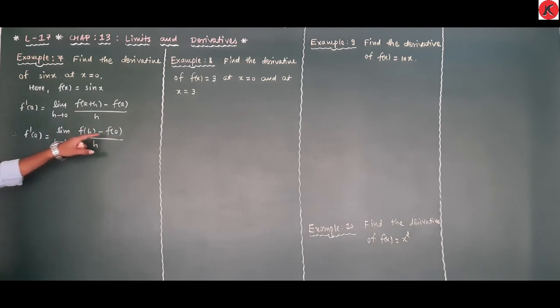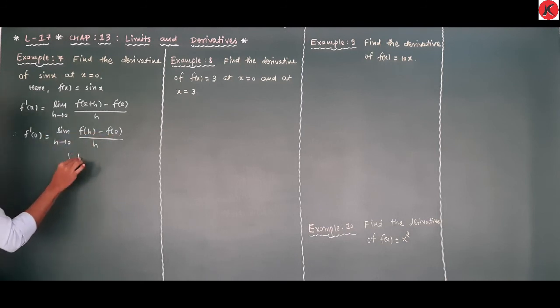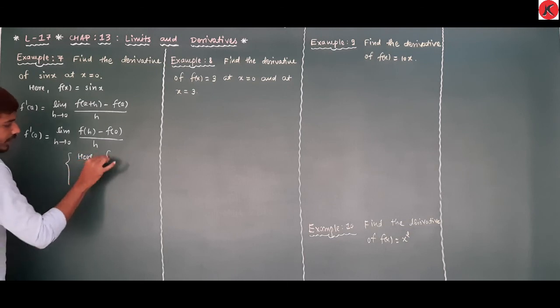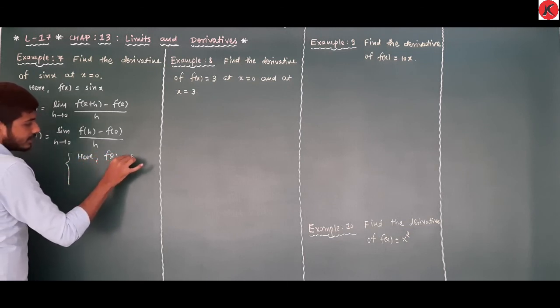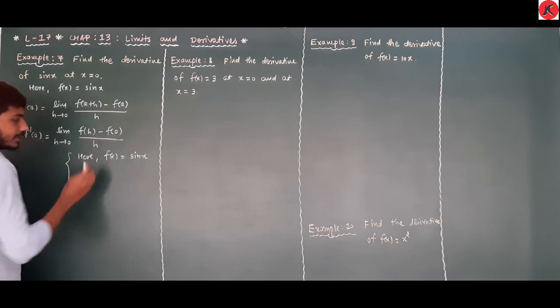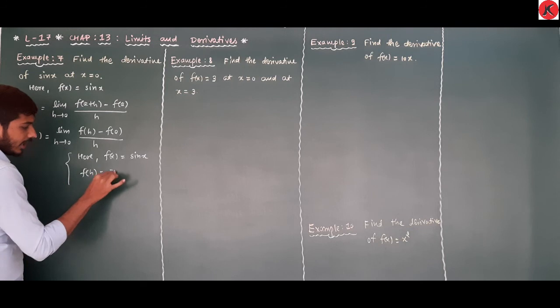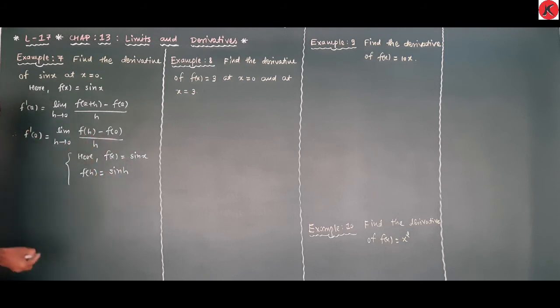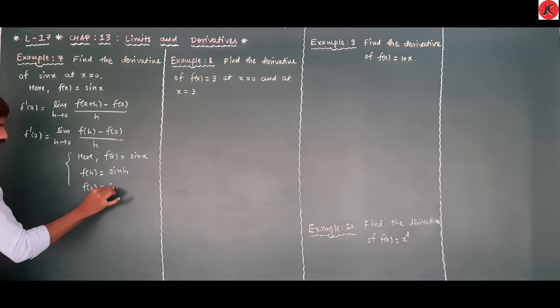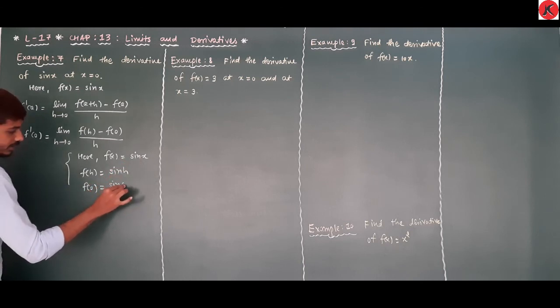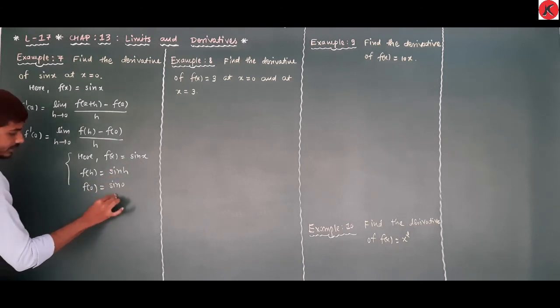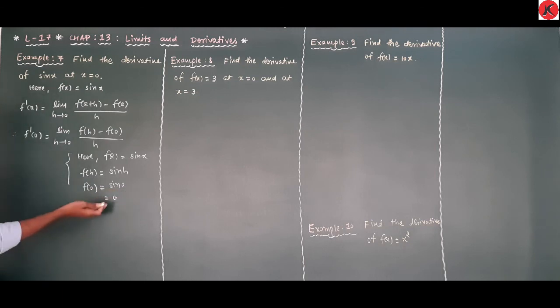Therefore we want f of h and f of 0 here, and for that we have the function f of x is equals to sin x. Put x is equals to h, we will get f of h which is equals to sin h. Same way f of 0 is equals to sin 0, and we know that sin 0 is equals to 0.